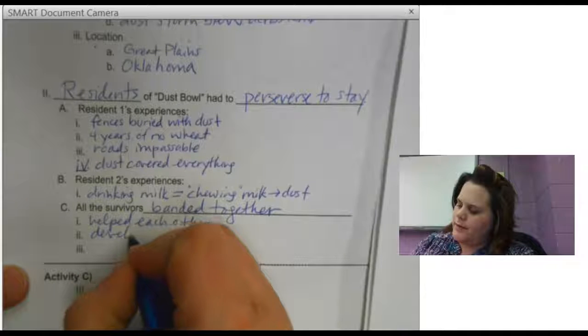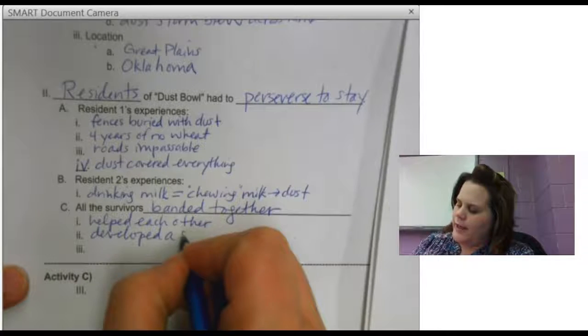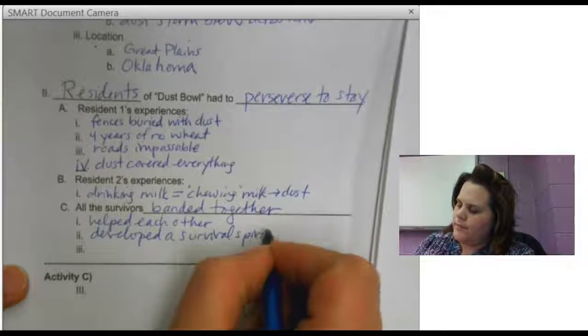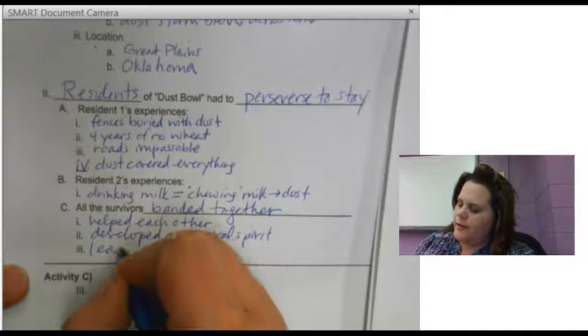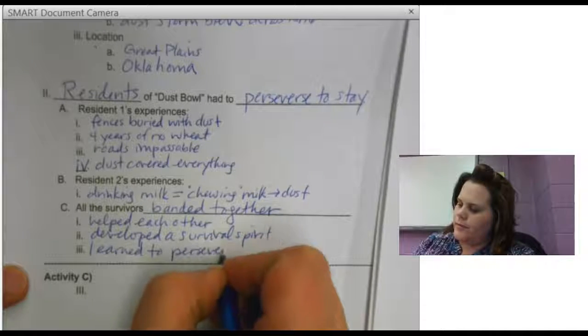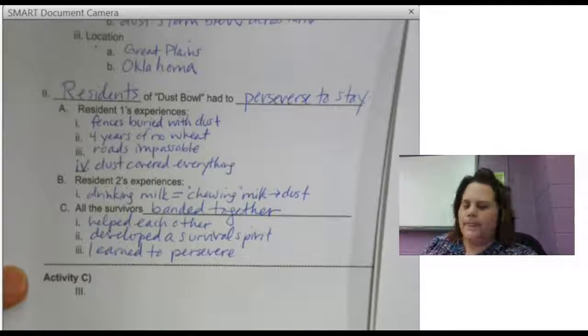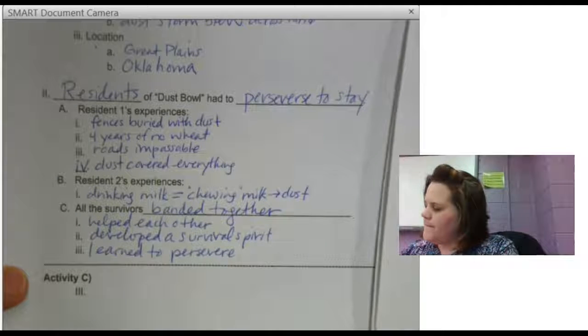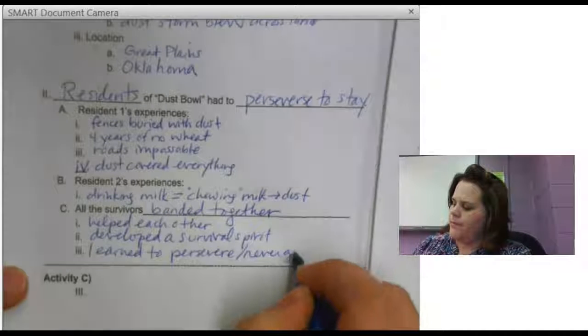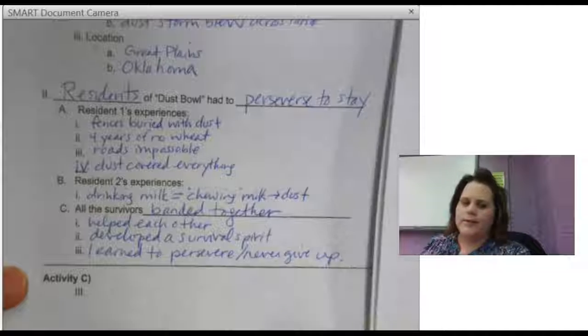Developed a survival spirit. And we could say they learned to persevere, never give up. And that's basically just an outline.